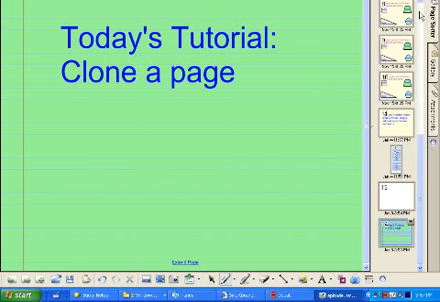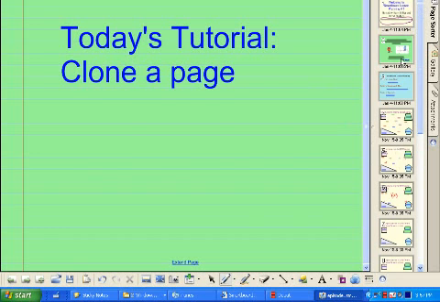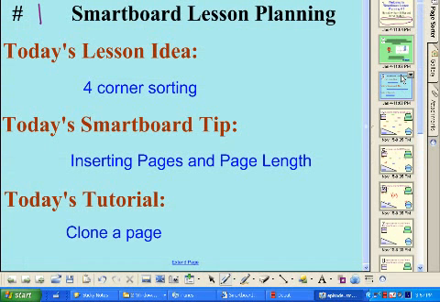Hey, we have had a full day, and let's recap. So to look at our lesson planning, number 1, we looked at our lesson idea of 4-corner sorting and getting students to construct their knowledge by taking their knowledge of numbers and our example here of different types of numbers and putting them into the sorting categories where they need to go.